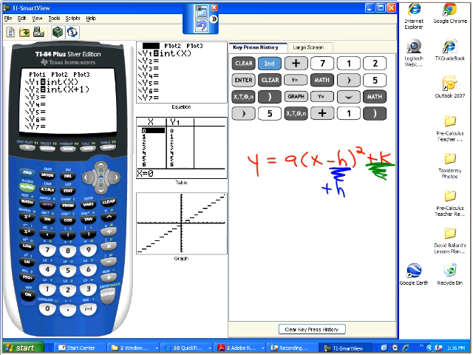So inside the parentheses, it's happening to x according to undoing. So this plus 1 is happening to x, and it should be happening to x according to undoing. So all of our x's should be 1 less than they used to be. And if all of the x's are 1 less than they used to be, what's going to happen to the whole graph?